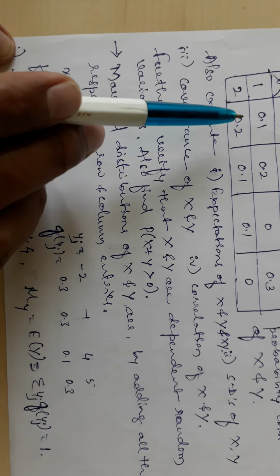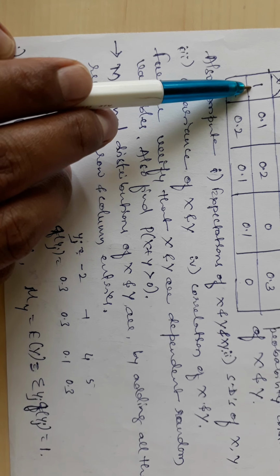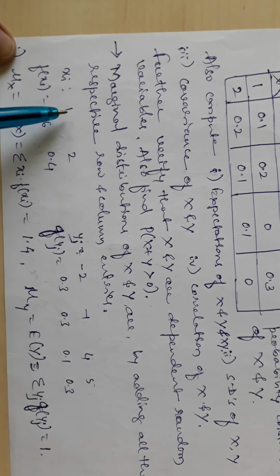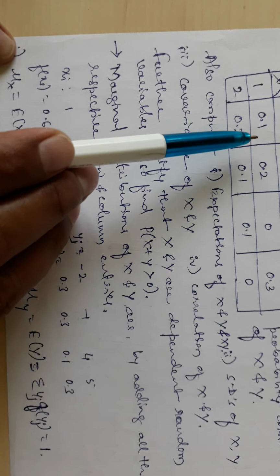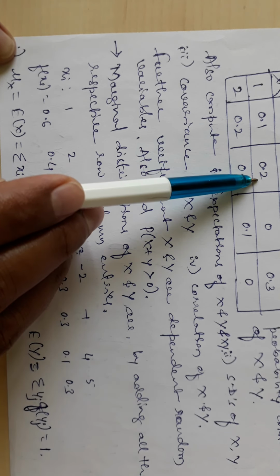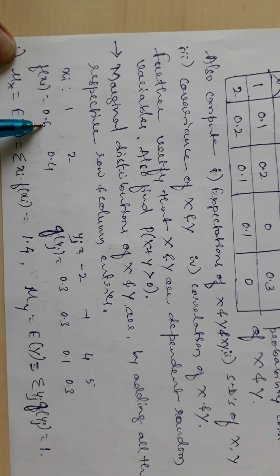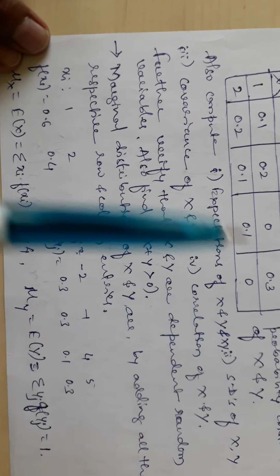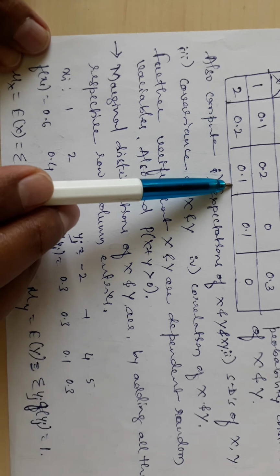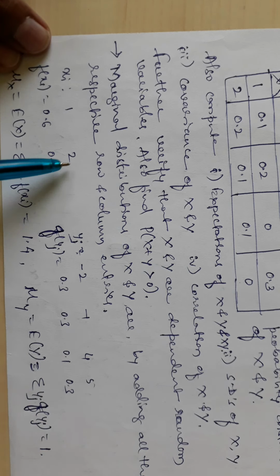Consider x is 1, the first row: f of x1 is 0.1 plus 0.2 is 0.3, 0.3 plus 0.3 is 0.6. Now x is 2, the second row sum: 0.2 plus 0.1 is 0.3, 0.3 plus 0.1 is 0.4. This is the marginal distribution for x.